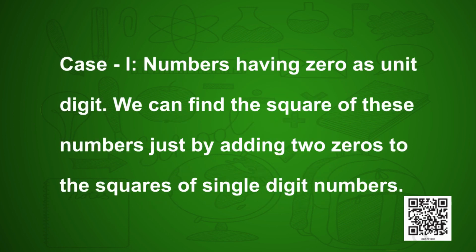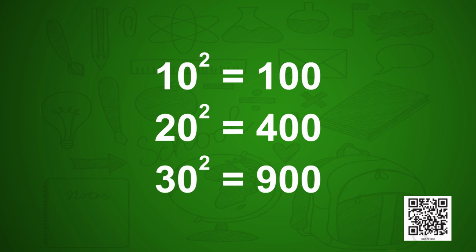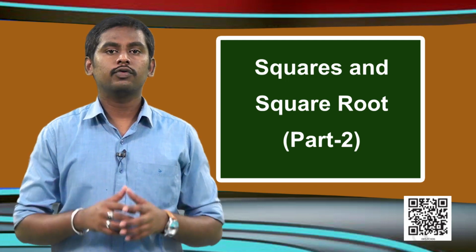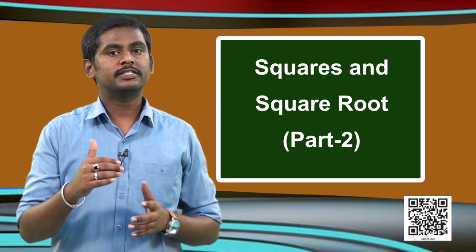So, here we observe that whenever the numbers have 0 at the units digit, we can find the square of these numbers just by adding 2 zeros to the square of the single digit number. Could you observe that? We had 10 and it became 100, we had 20, the square became 400. So, in this way we can find the square of a given number whose units place ends with 0.